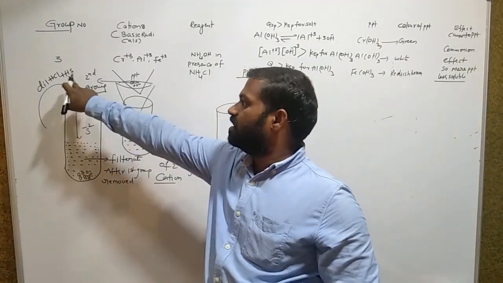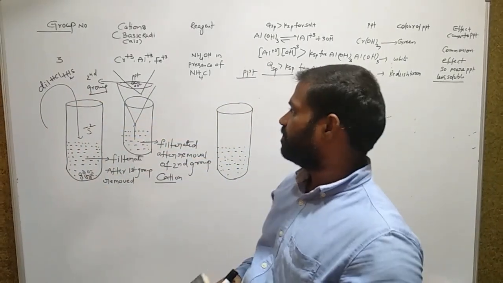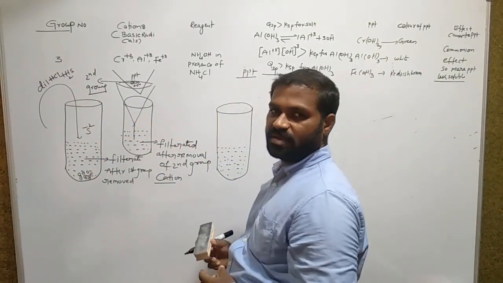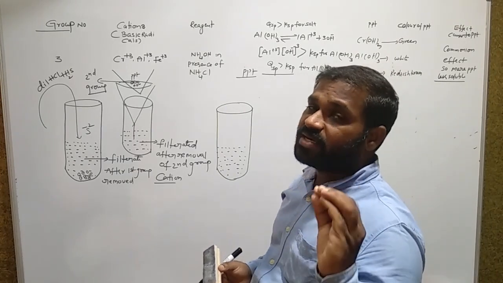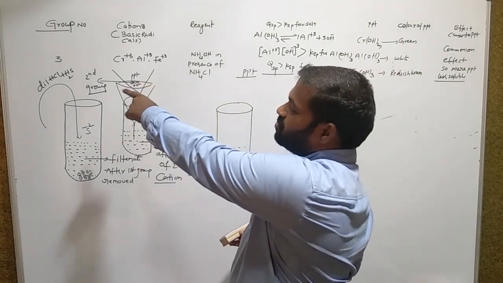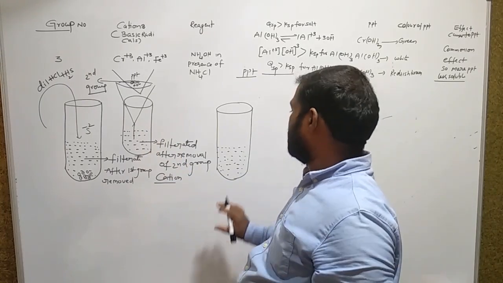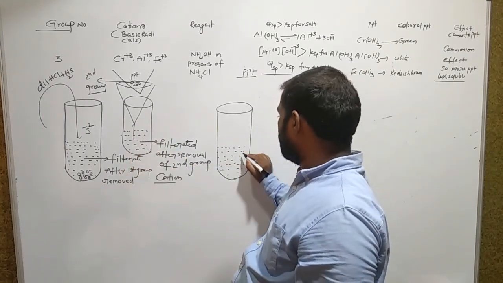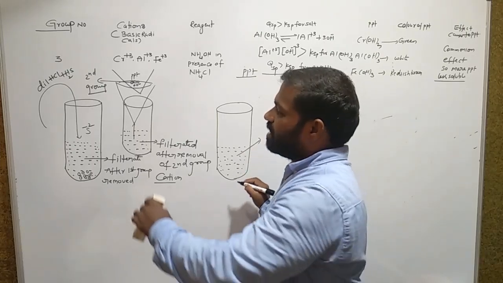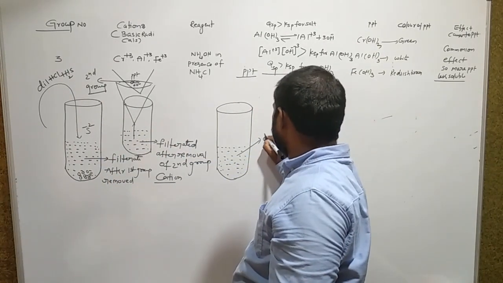For the second group, dilute HCl and H2S. So there may be a chance some quantity of that H2S and dilute HCl is in this filtrate.